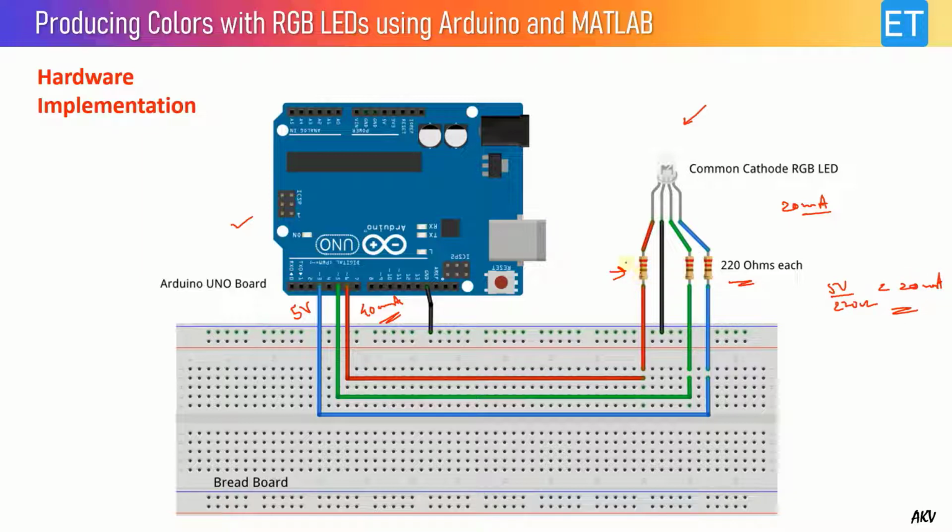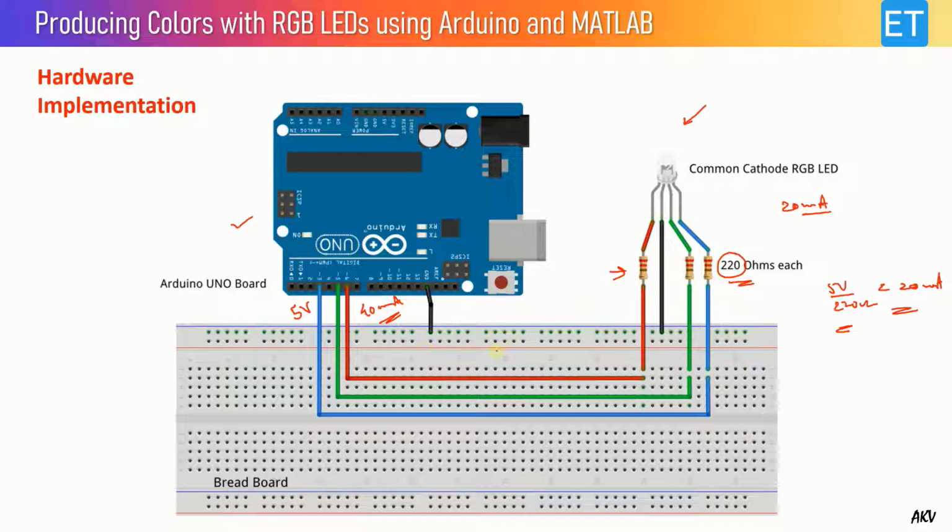We can further reduce this ohm value to have current near 20 milliampere. That will increase the brightness of this LED, but it is safe to use a little higher side of the resistance. So this is a very simple schematic.